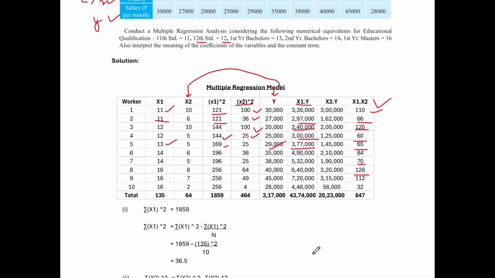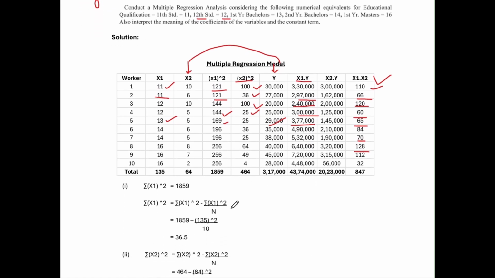Now, coming to the formula part. Formula for multiple regression: first formula is sigma x1 square, we have already calculated the x1 square sum. Total sum is 1859. So our first formula is sigma x1 square is equal to sigma x1 square minus (sigma x1) square divided by total number.